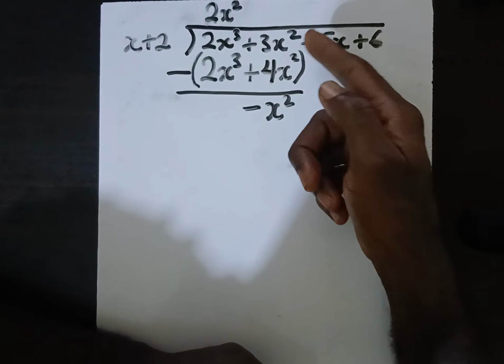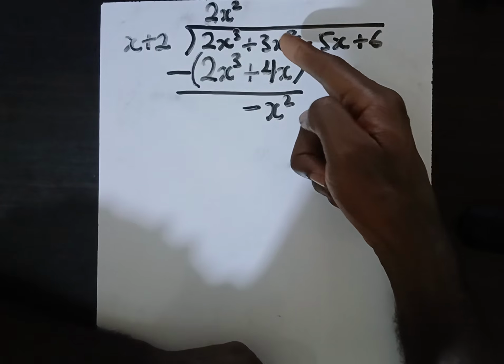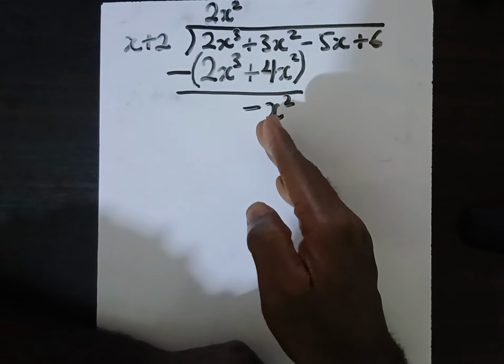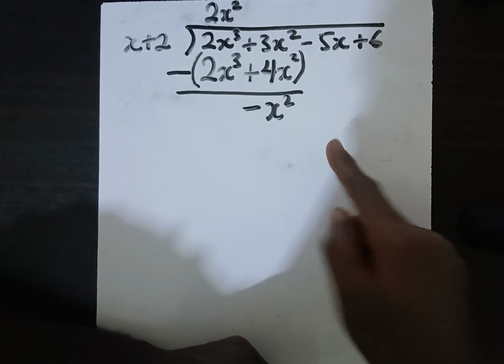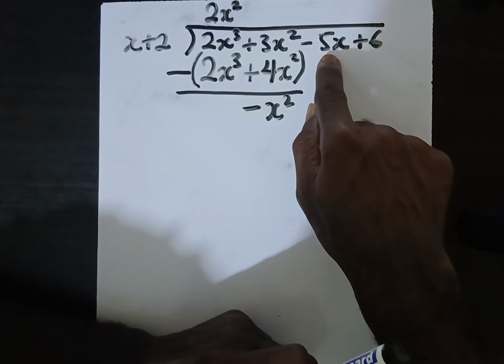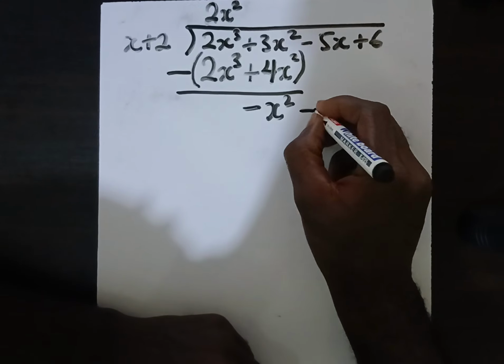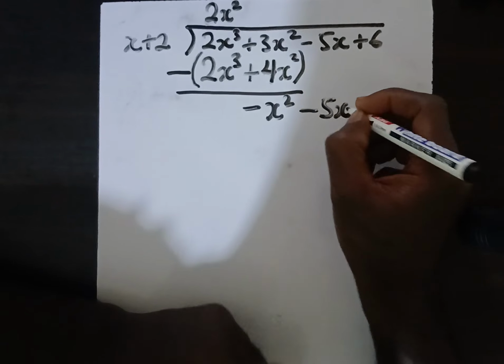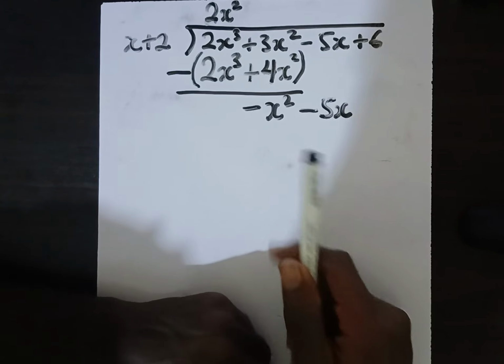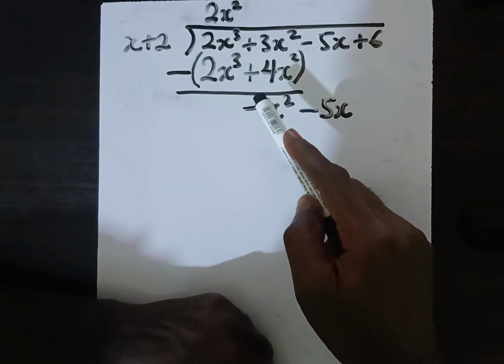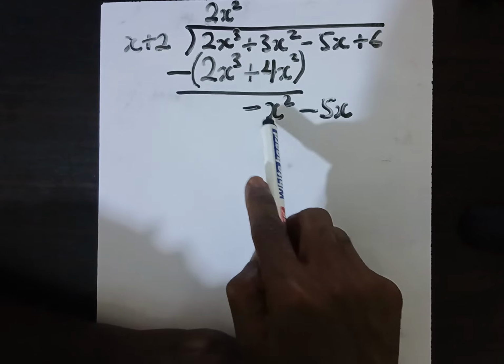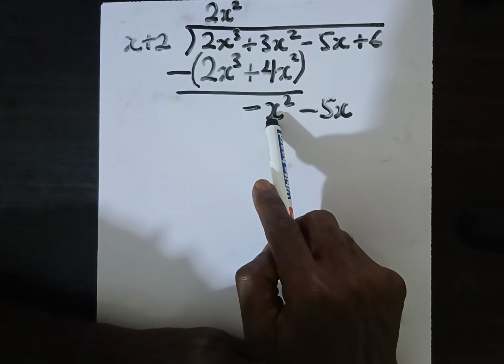Then you know that when we are doing our normal long division, once we are done with one part, we bring one term down. So the term that we are supposed to bring down is negative 5x. So negative 5x, we have brought it down. Then we do the same thing. x will go into negative x squared how many times?